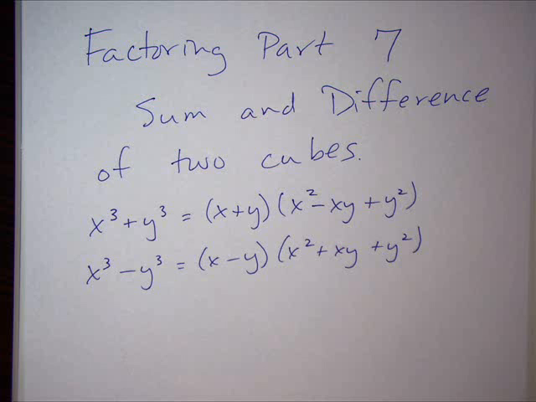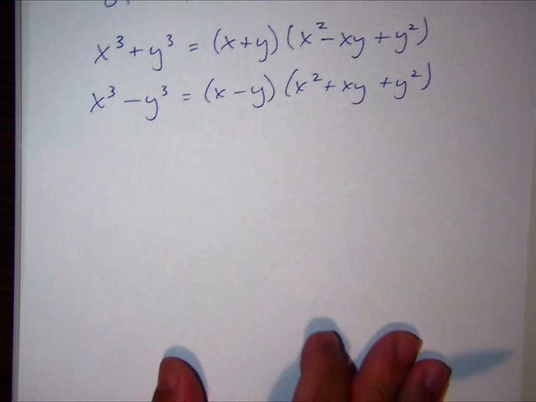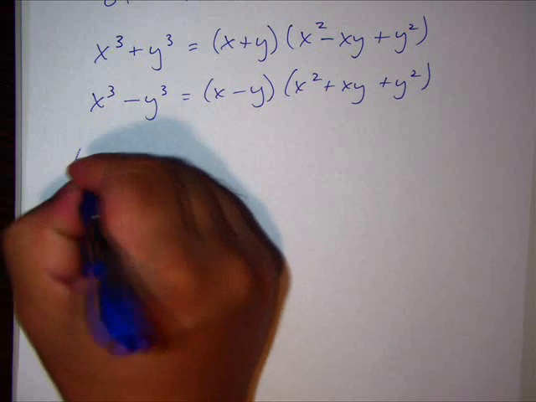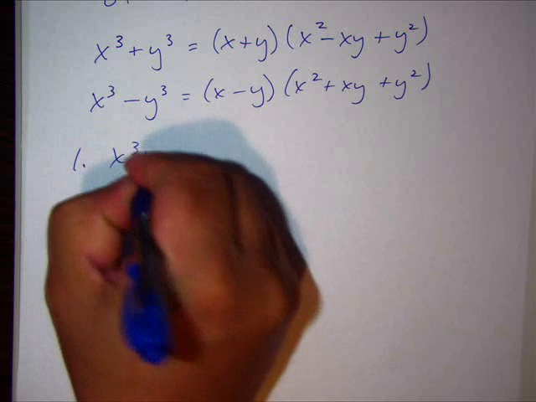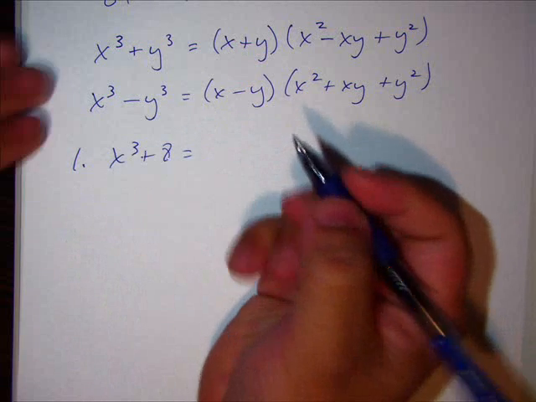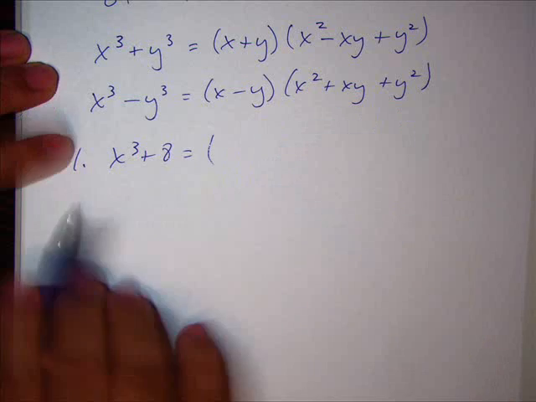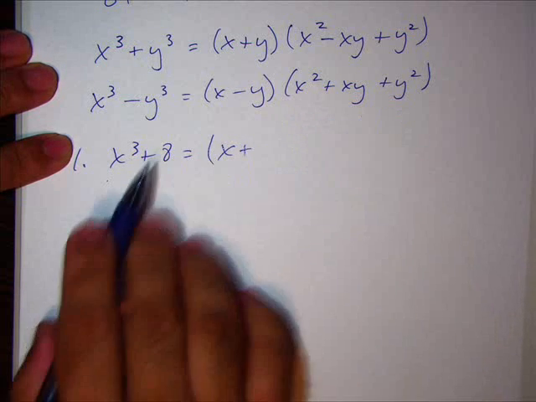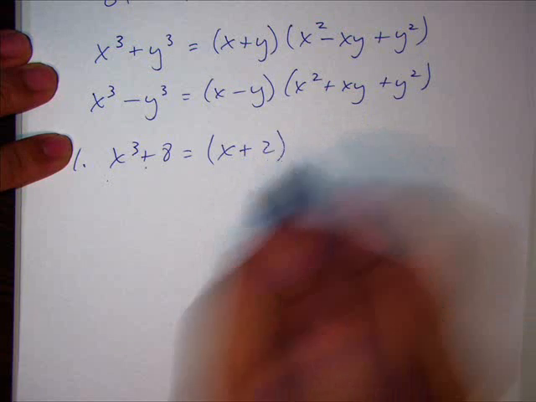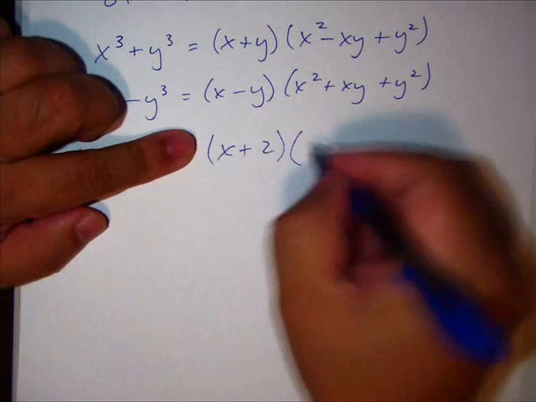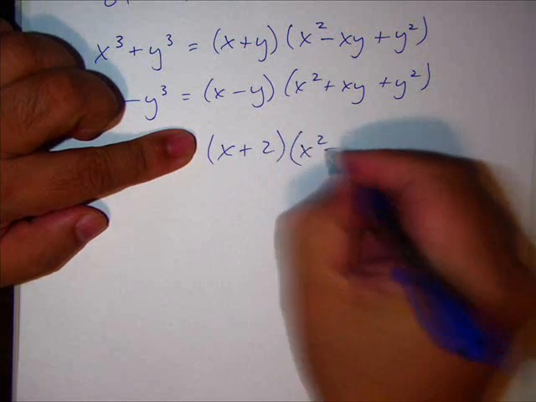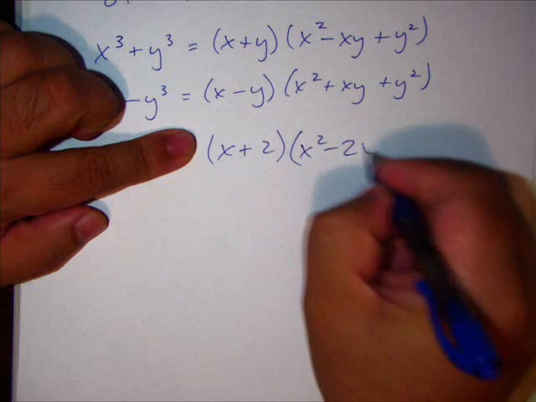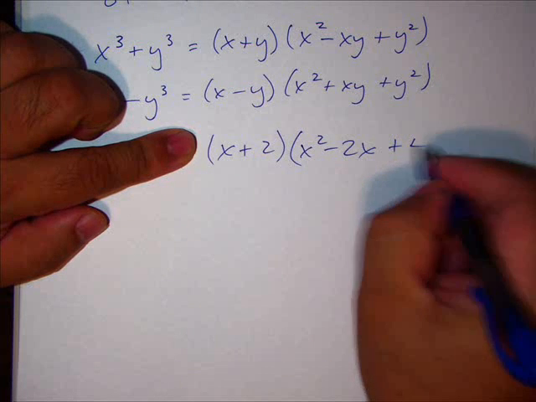Alright, let's do some examples. Cube root of that. Keep the sign. Cube root of 8. Square the first term. Change the sign. Multiply those two. Square.